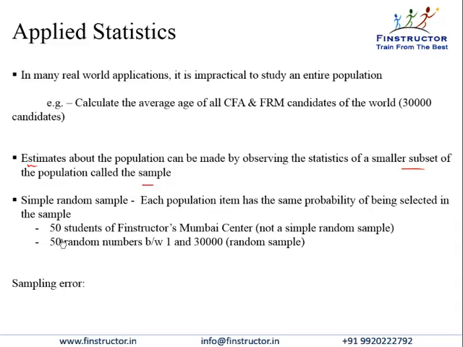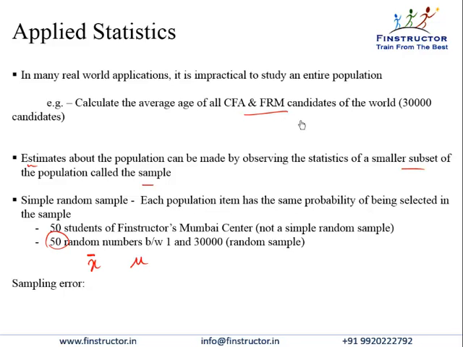Now, if I calculate the average age of those 50 students, will that average be exactly the same as the average of the population? It is highly unlikely that they will exactly be the same. They may be close, but they will not exactly be the same.